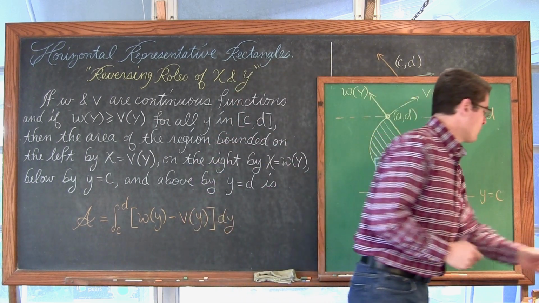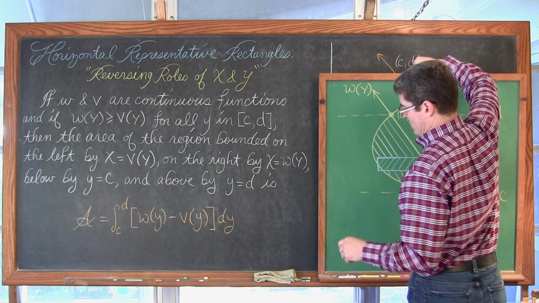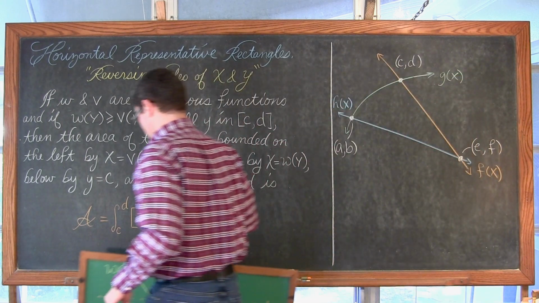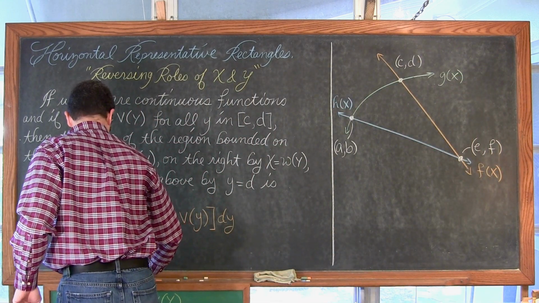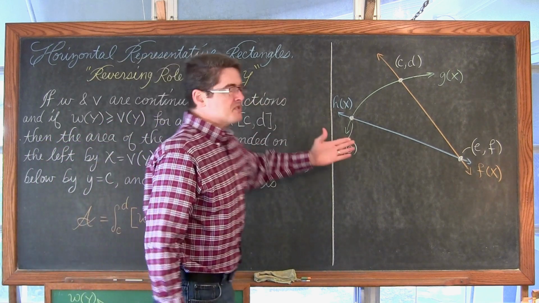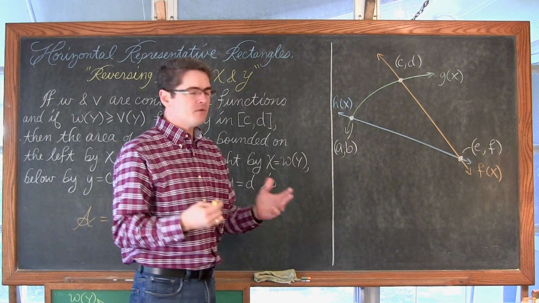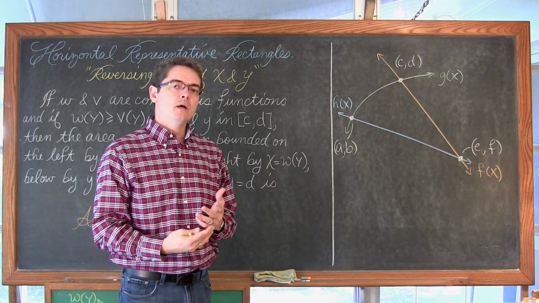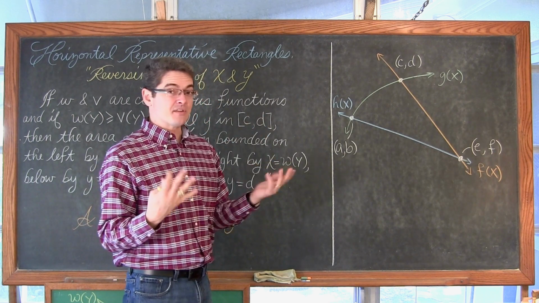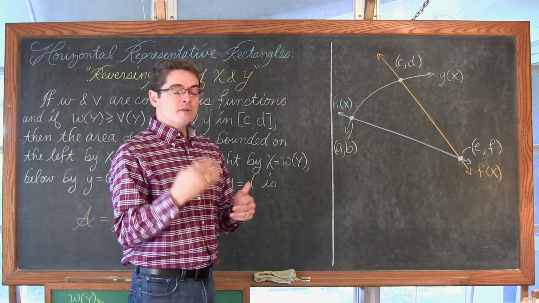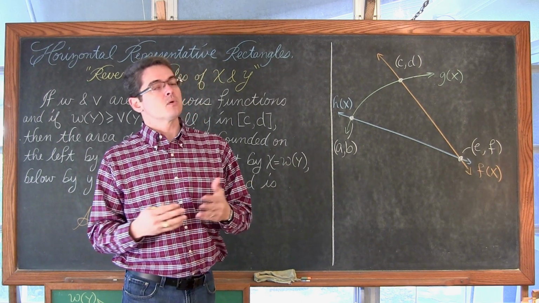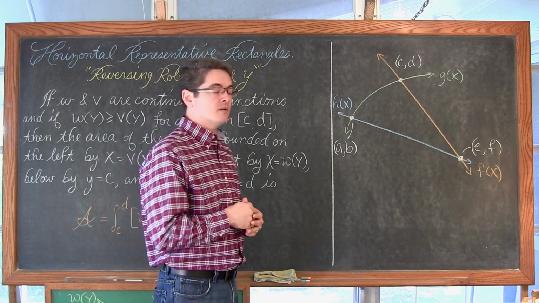Okay, now, before we move on to our concrete examples, the ones with all those numbers and real functions, this particular example looks kind of like the other one, and whether you find it easier to find the area bound by these three functions with vertical representative rectangles or horizontal ones is really just going to depend on the functions.